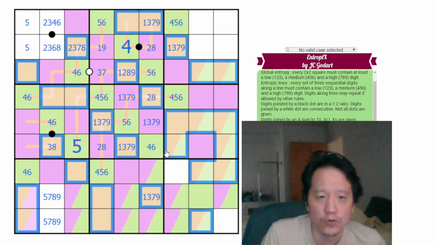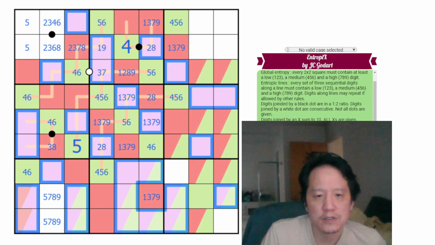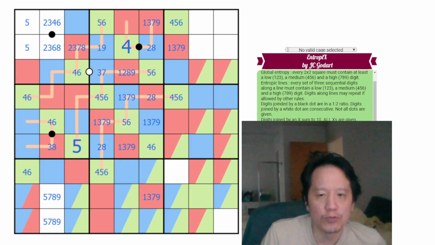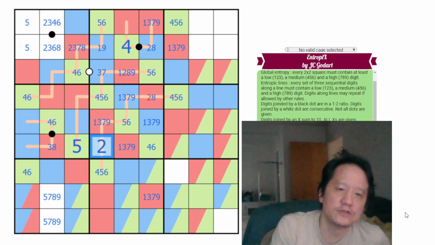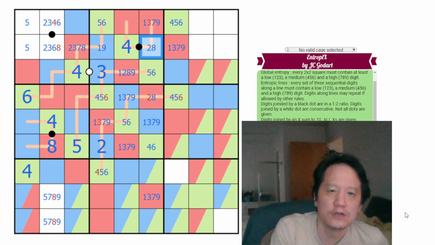So the oranges are hot. They have to be high. And the pinks have to be low. So therefore we know then this is 2, this is 8, this is 4, this is 6, so this is 4. This is 4. We get 3, 2, 1.